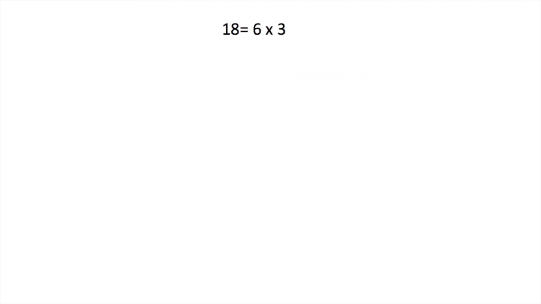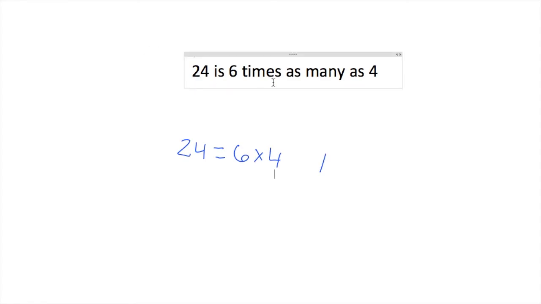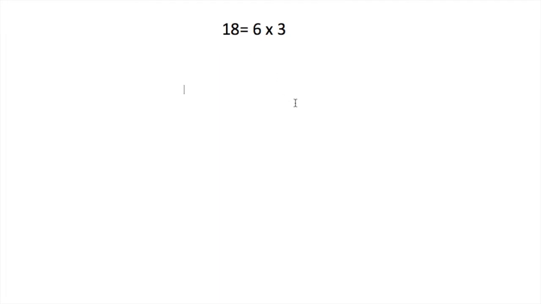18 equals 6 times 3. Now, for this equation, we have to write a multiplication word sentence. So our first number here, like we did in this example, we look at the first number. We're also going to do that for this example too. So our first number is 18, and always remember the equal sign equals is. So 18 equals, or 18 is 6 times.